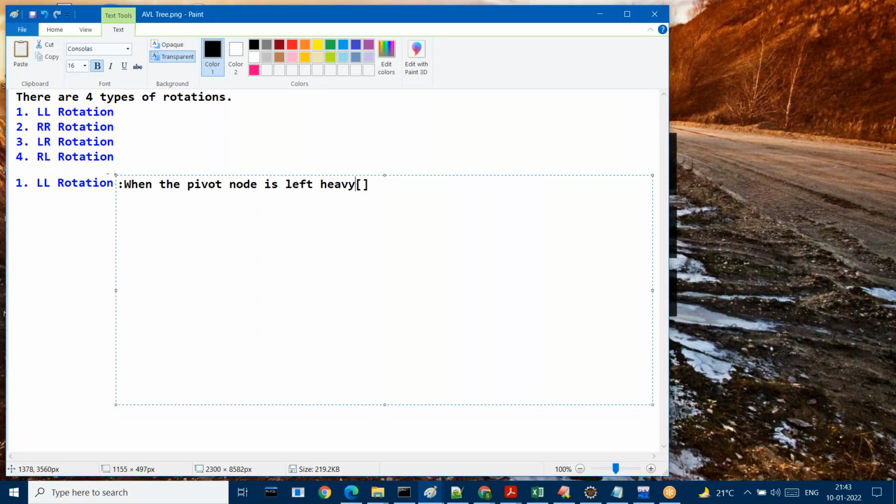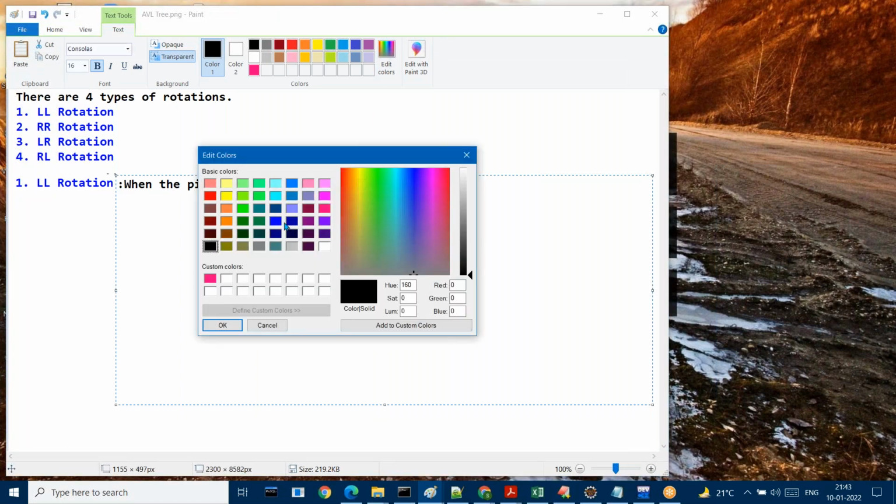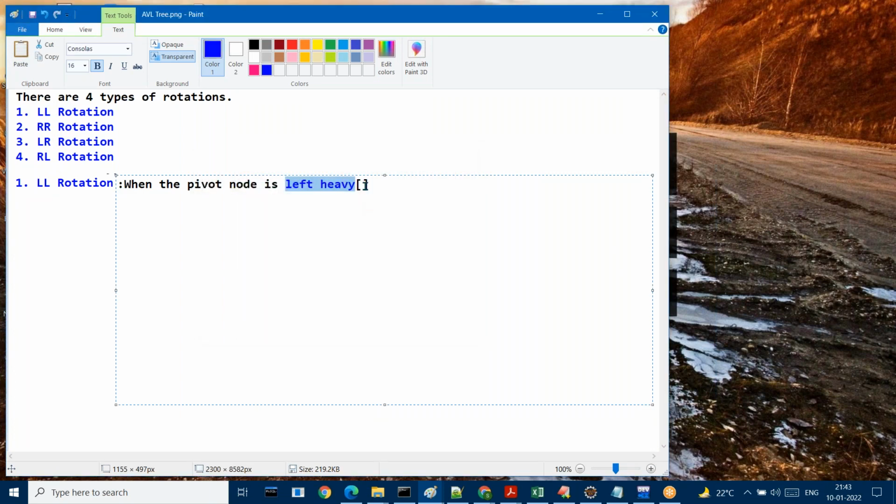Since I used this word left heavy, let me put the meaning of left heavy also, so that in future when you study this, you will never face any difficulties. Sir, what do you mean by left heavy? A node is called left heavy.